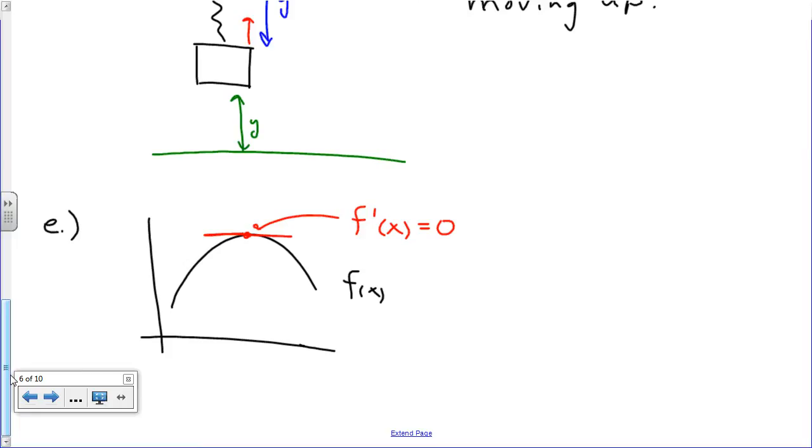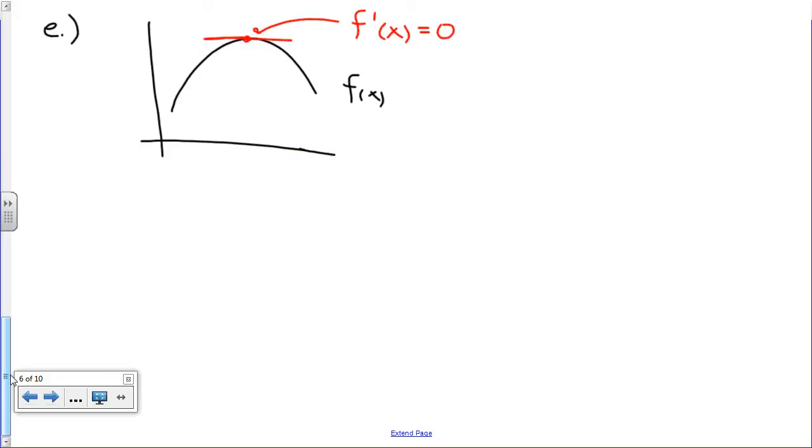So in our problem, they're asking what is the fastest the mass moves? They're asking when you have the greatest velocity. When's the velocity at its maximum? So in order to find that, I have to find out when the derivative of velocity is 0. All right, so we need to find when v prime, oops, I shouldn't call it v prime though, because we didn't use that name in our problem. We called it y prime here. That v of t, or velocity, is equal to y prime.